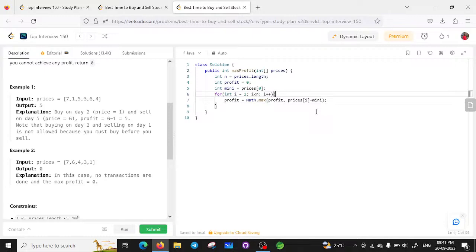But before that we need to calculate the min, which is equal to Math.min. At the end we will return profit.